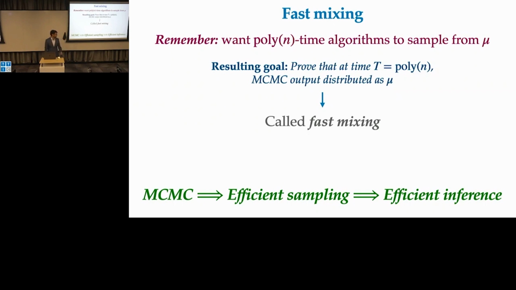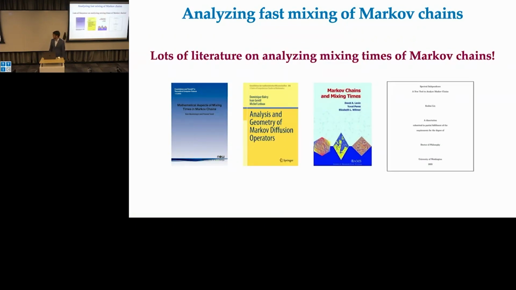And if we had an efficient sampling algorithm for distributions such as the posterior, then it would give us an efficient inference algorithm. So let's see what we can say about fast mixing. The analysis of fast mixing of Markov chains is a decades-old study across the areas of theoretical computer science, probability theory, geometry. And there have been many books, monographs, and PhD theses written on the subject.